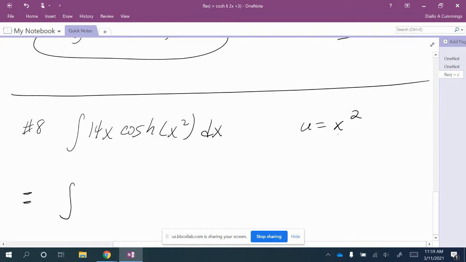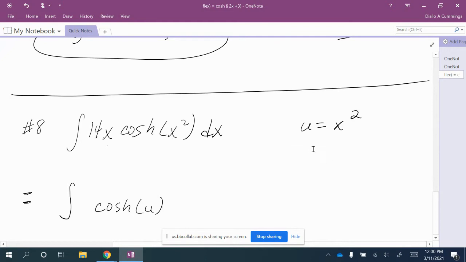Notice that I still have 14x, but I'm able to rewrite the hyperbolic cosine of x squared as the hyperbolic cosine of u. Right, but I'm still left with the 14x dx that we need to somehow transform into the du variable.